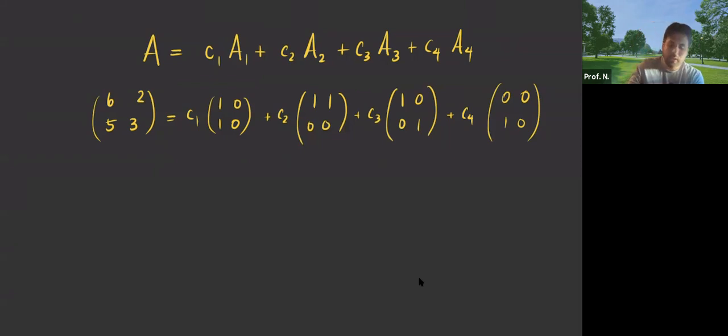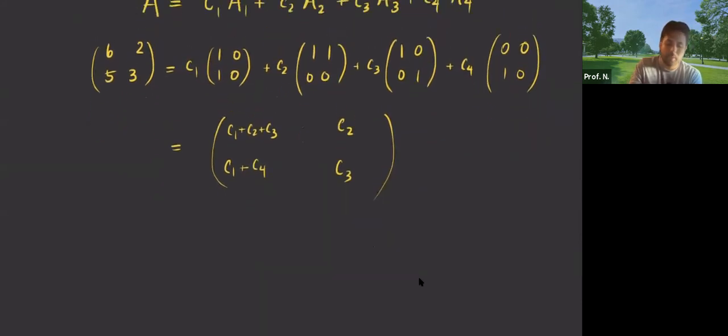So I can just put this all together into a single 2 by 2 matrix, right? The sum of these four 2 by 2 matrices with the scalars just becomes what? The first entry becomes C1 plus C2 plus C3. The second entry becomes C2. The third entry becomes C1 plus C4, and then the last entry becomes C3.